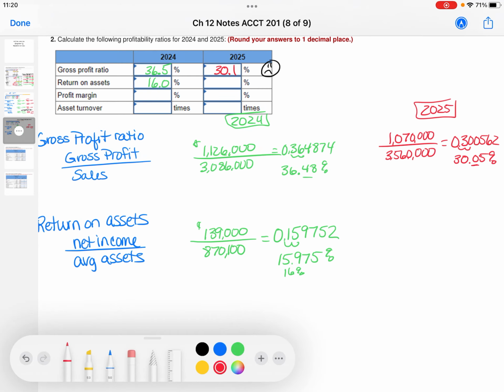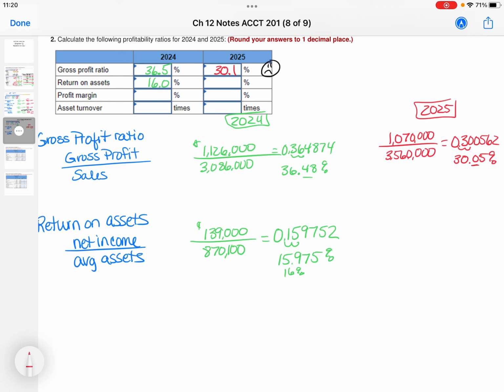Now, how does that compare? So if I look at the current year, I know my net income is much smaller. And I divide this by, unfortunately, a higher amount of average assets. I end up with 0.032.